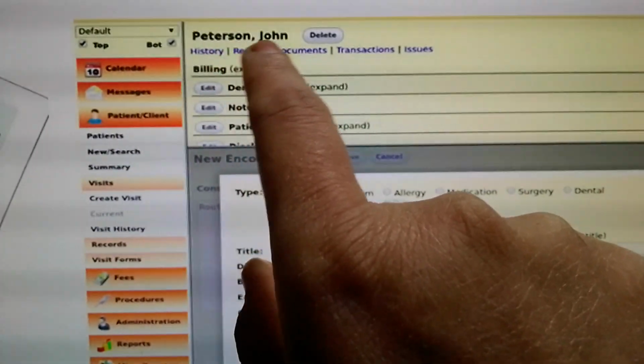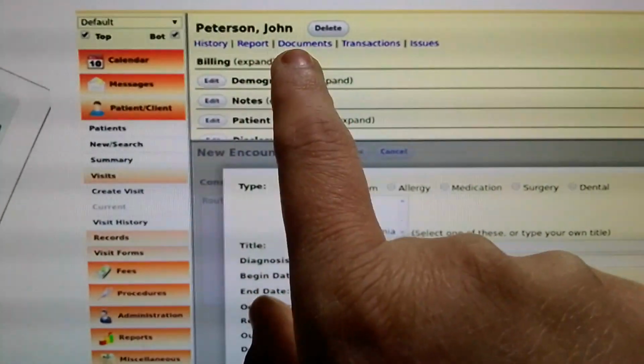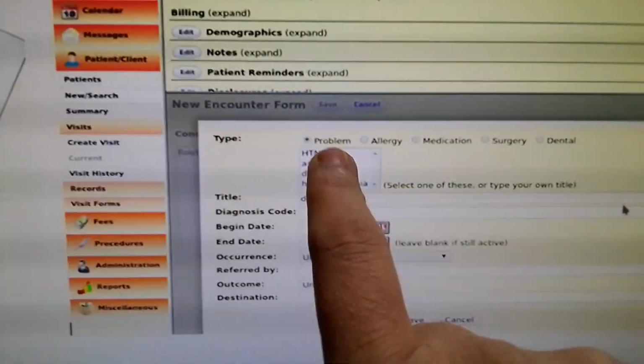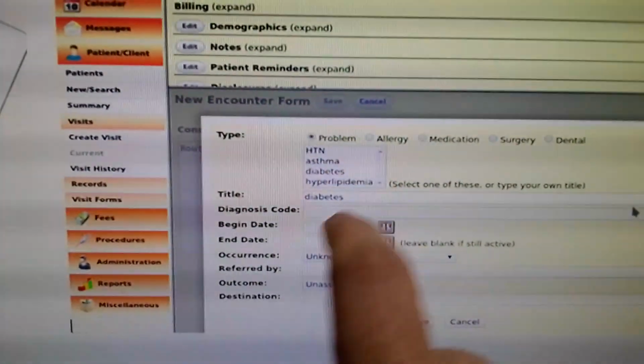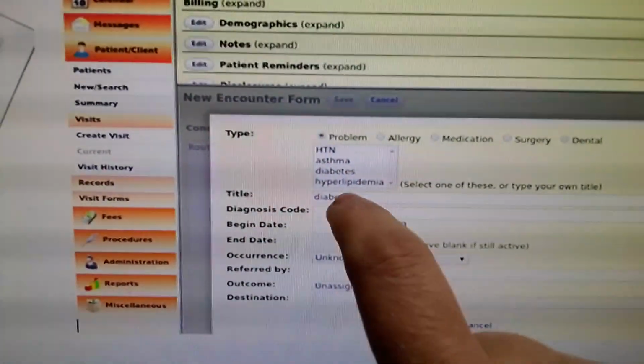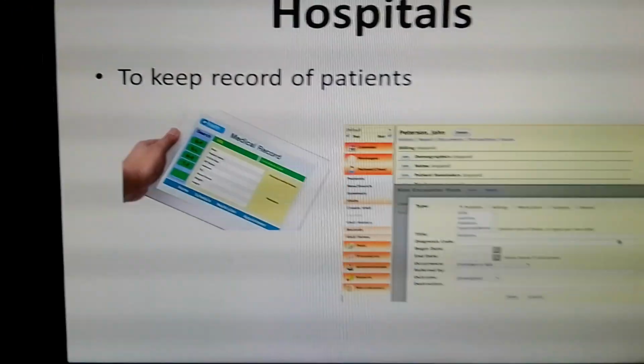See here, one patient name is Peterson John. Information is stored about what problem he is facing and what disease he has.